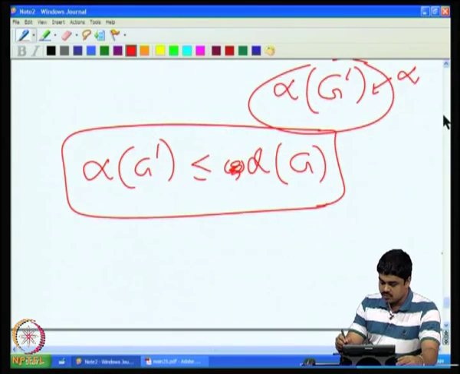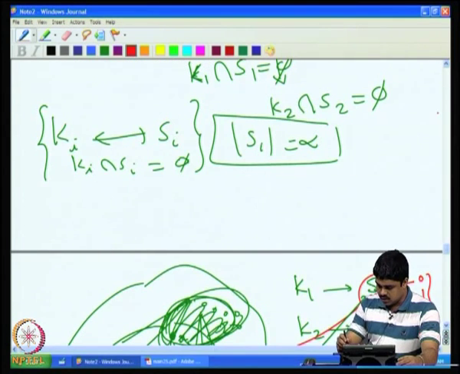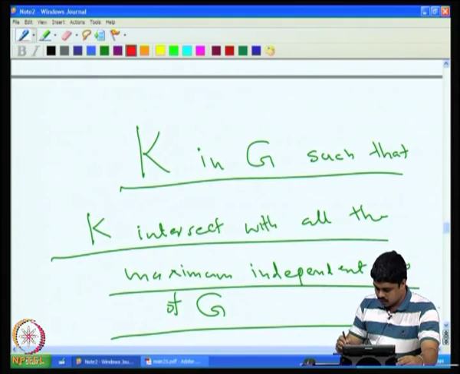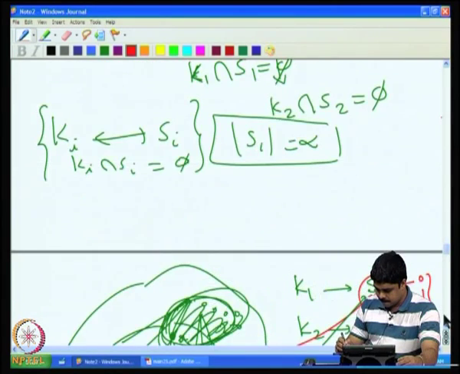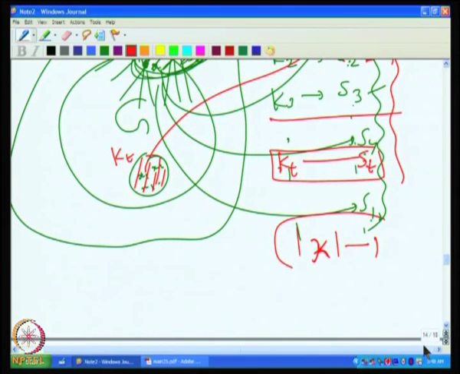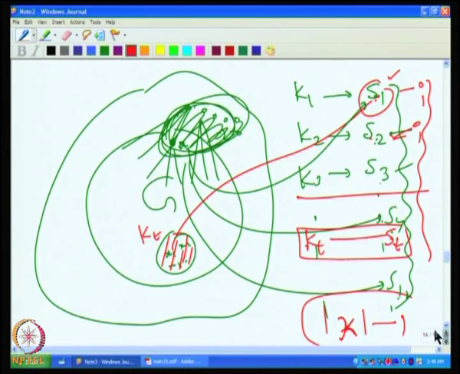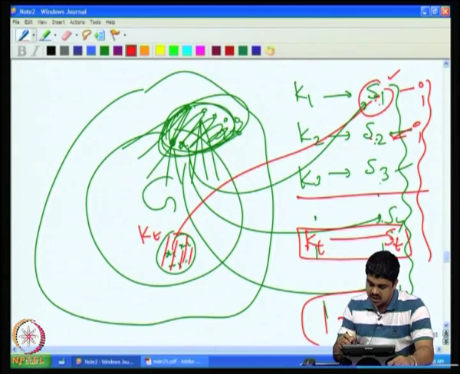Now, going back to this picture, if we want to sum up the multiplicities, we can count from the side of S1, asking how much S1 will contribute to the total sum of multiplicities.